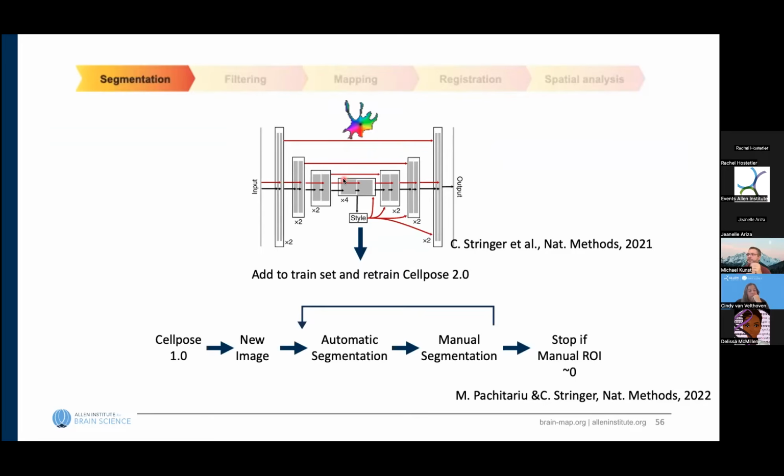So the way it works is we use CellPose 2.0, which has this human in the loop system. So you start with the original CellPose model, you give it a new image, you let it do its segmentation and then correct it, until the result is exactly what you need, and you don't need to do any more fixing.